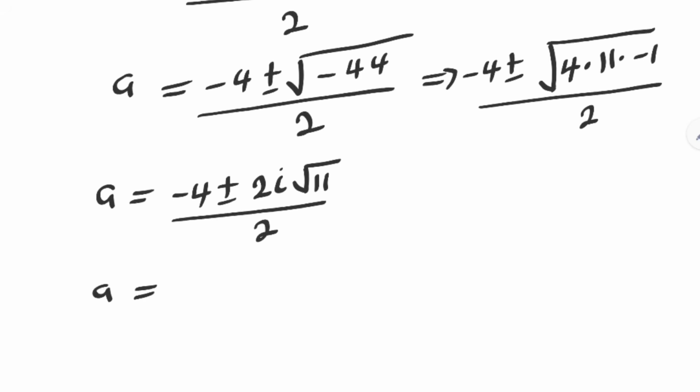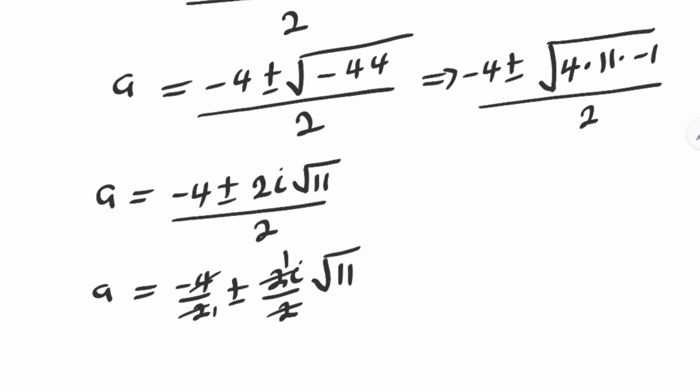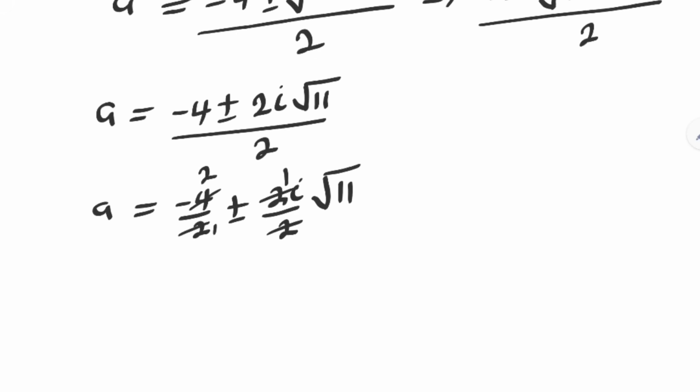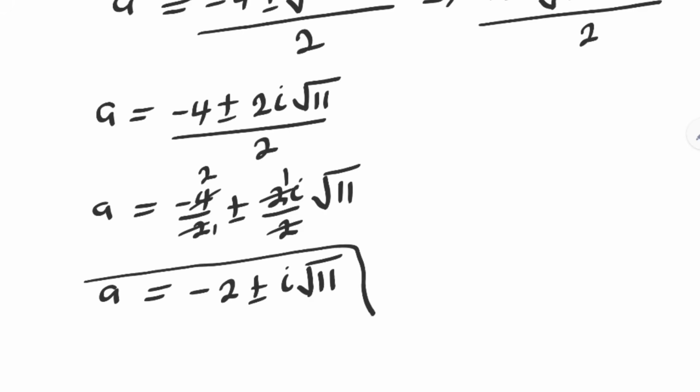A is equal to minus 4 over 2 plus or minus 2i root 11 over 2. Dividing through, A is equal to minus 2 plus or minus i square root of 11. These are other values of a.